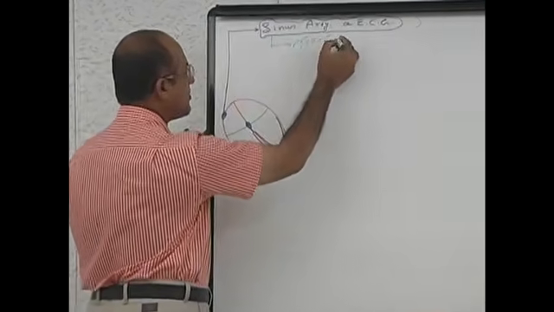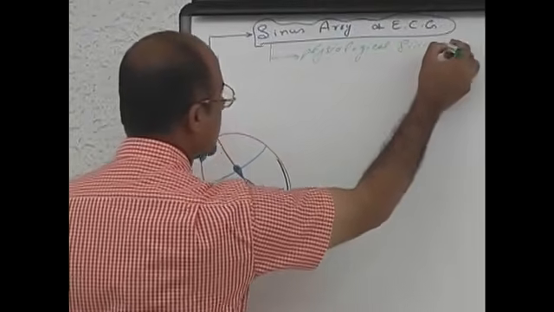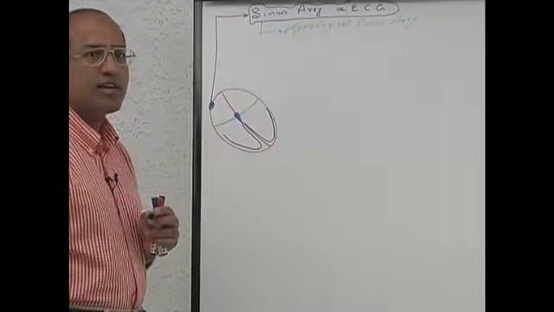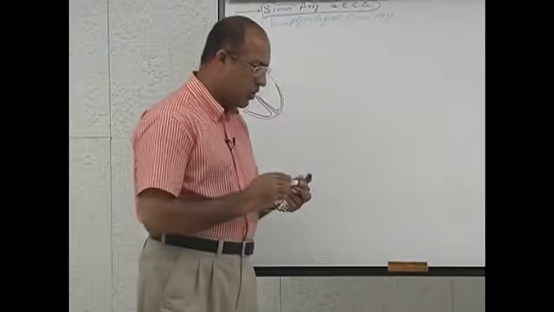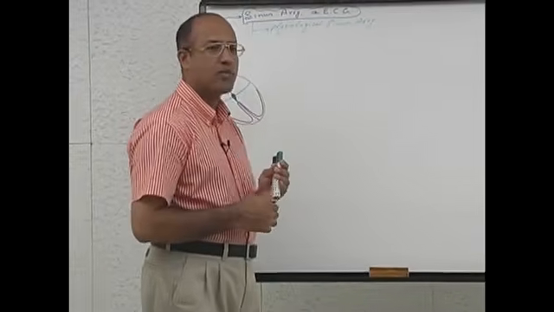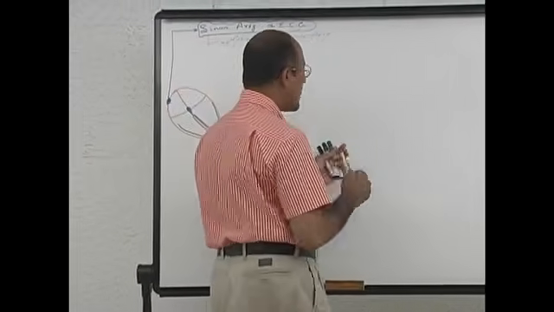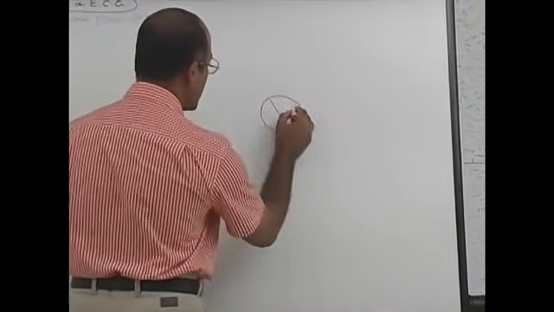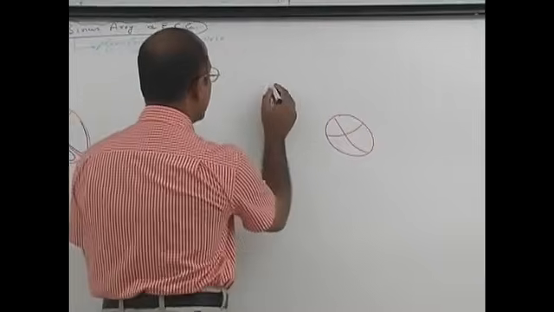Physiological sinus arrhythmia is a normal phenomenon which happens with all the people with normal heart and normal neurological connections. What really happens, as you know, is that the heart is under the influence of the autonomic nervous system, right?